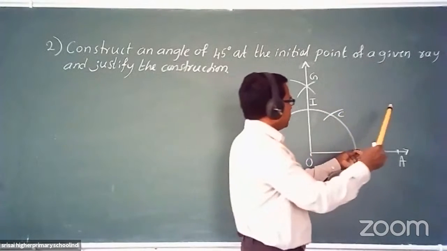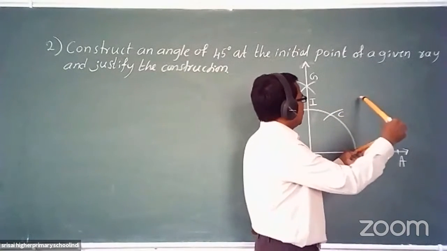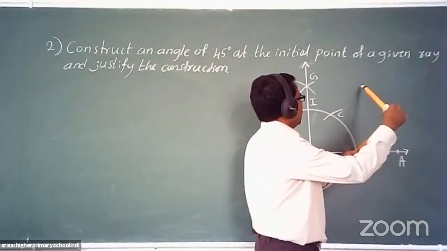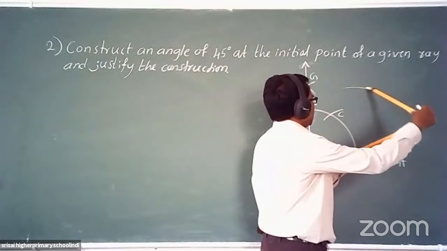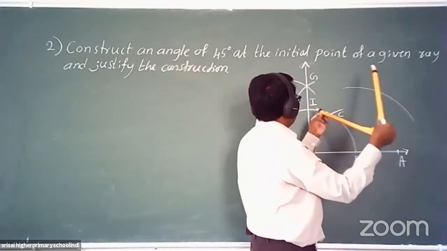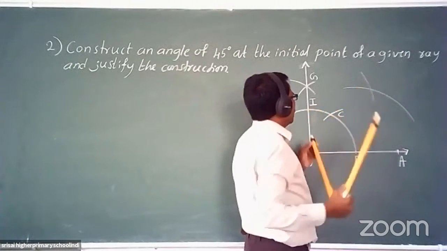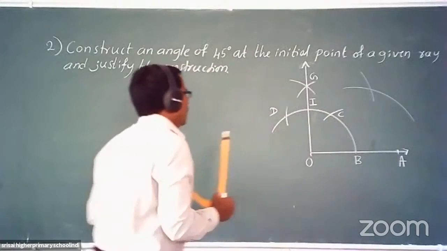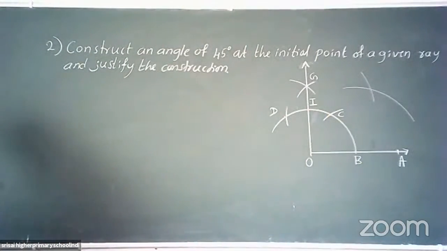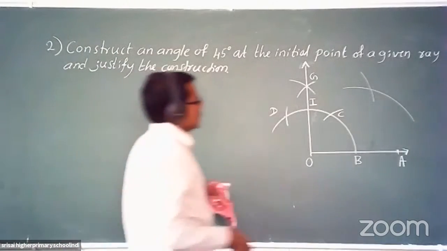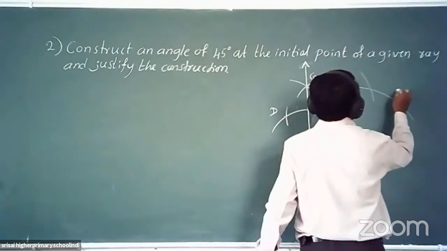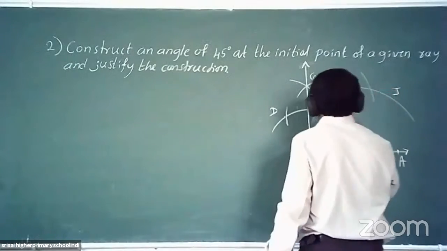Now keep this arm of the compass on B and draw an arc. Keep the fixed arm of the compass on I and draw another arc. Those will cut each other. Call that point J. You can call any name, yes, I call it J.